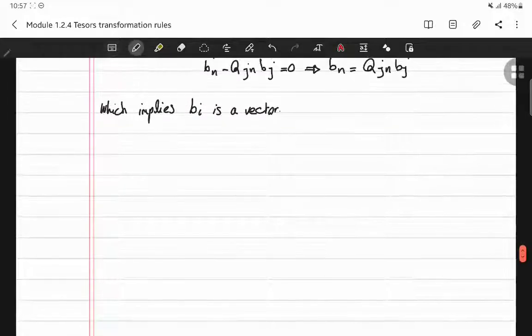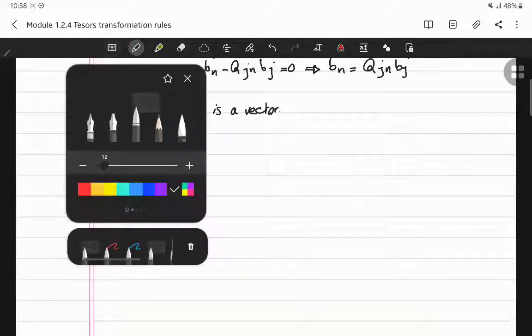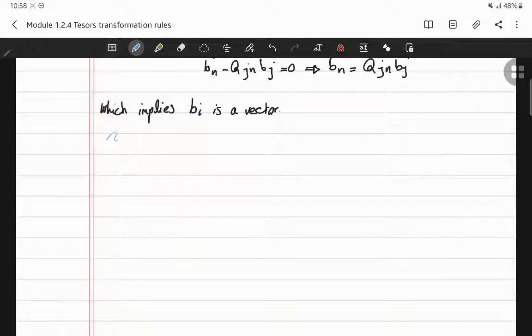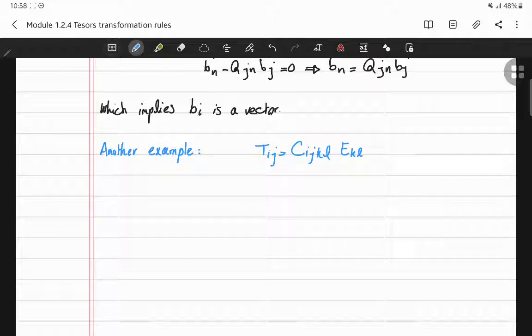We also have something else in the book, another example. The book has stated that if you have Tij is equal to Cijkl Ekl. And if you recall this from your undergraduate course, we had sigma is equal to the stiffness matrix.